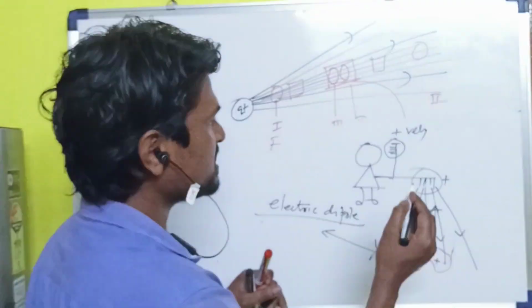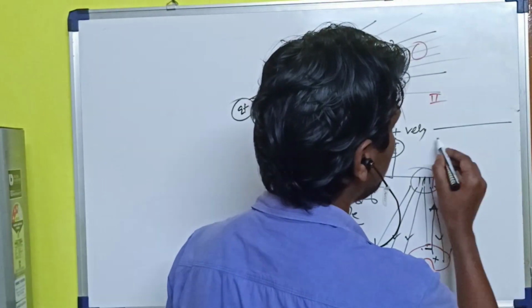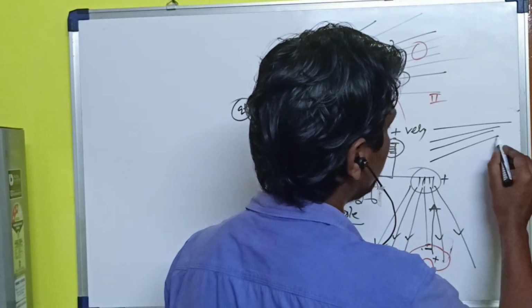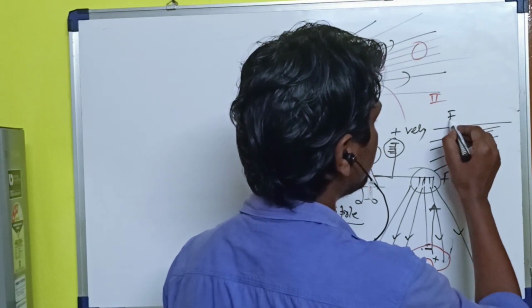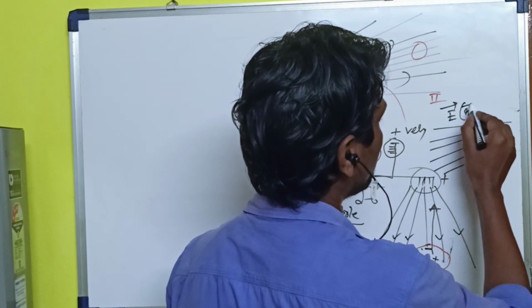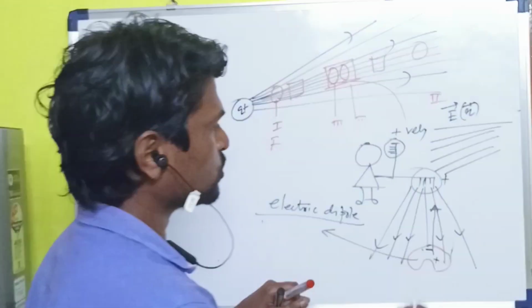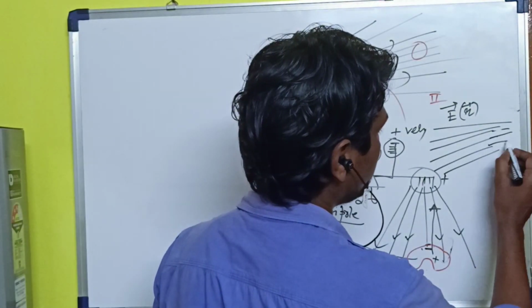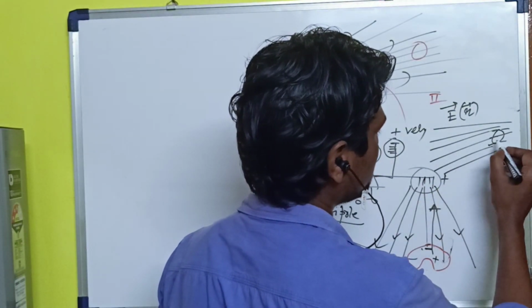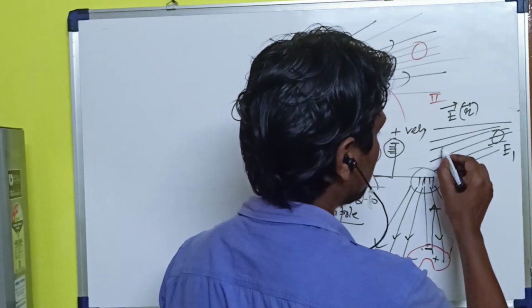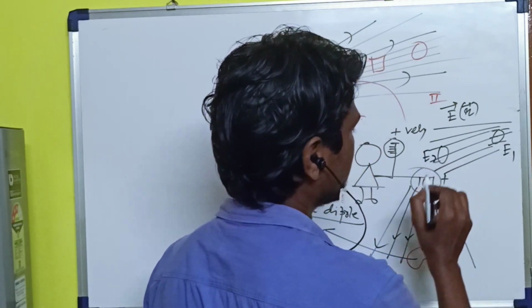So the question and the answer is this: if we place a dipole in an electric field that is a function of r, the electric field in that particular region is greater. This is E1, and at the other place it is E2.